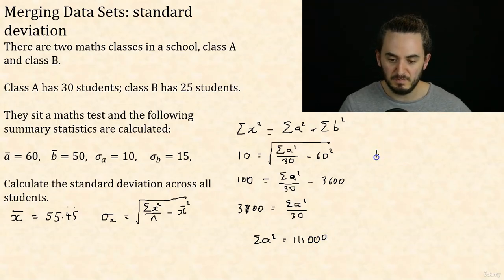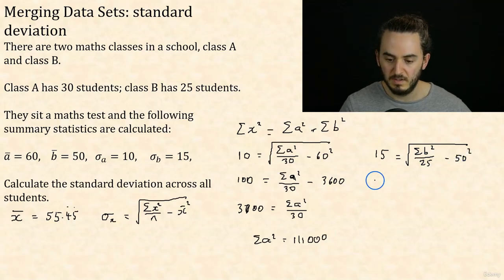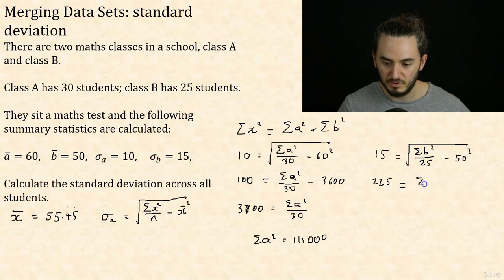Okay, we can do the same thing for Class B. So the standard deviation of B is 15, and that must be equal to the square root of the sum of the squared scores in Class B, which we don't know, but we want to work out, divided by the number of students in Class B, minus the mean score in Class B, which is 50, squared. So squaring both sides, I get 225 is equal to the sum of the squared scores in Class B over 25 minus 50 squared, which is 2,500.